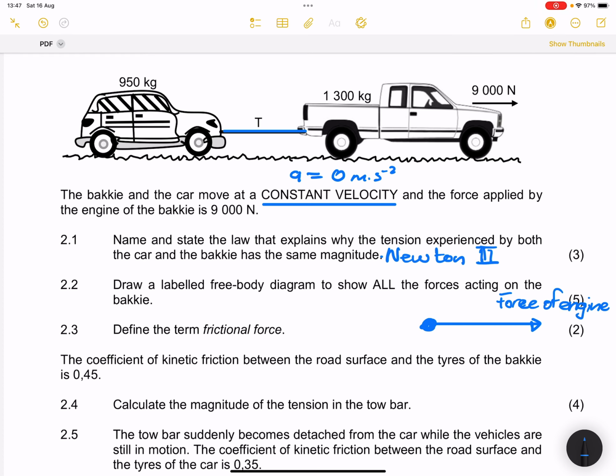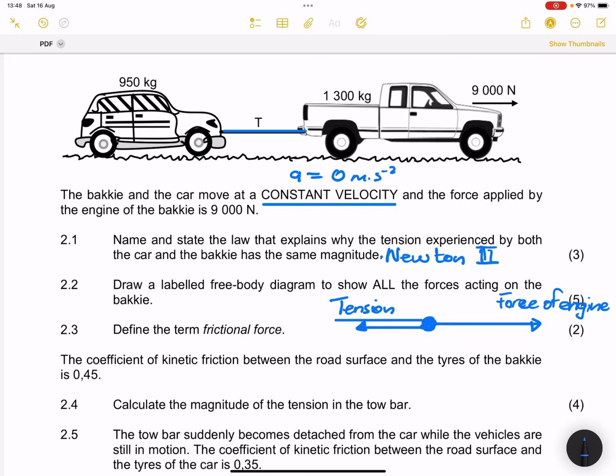All right, and please try and make sure that you can actually show which of the forces are bigger. So that would be the tension on the string. Okay. And I also would have friction.